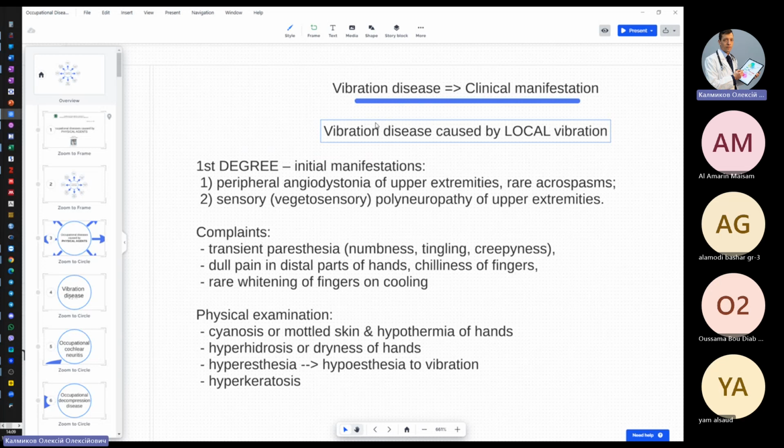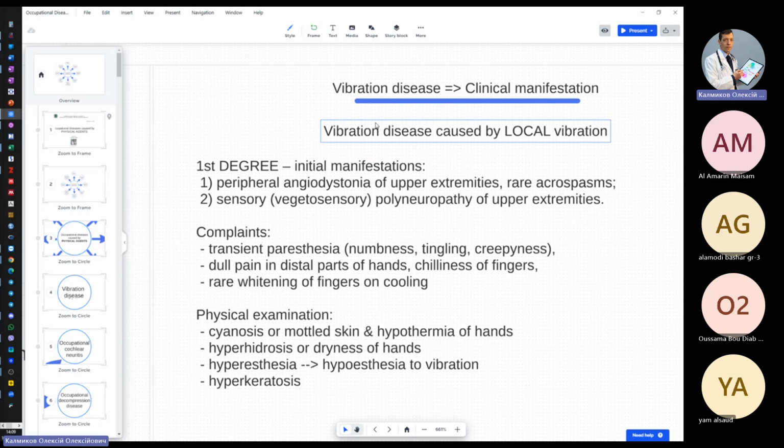If one time per week, it depends on their duration, whether each week or not; it's a marginal condition. And rare is if not every week, not even every month, there is an attack of acroangiospasm. This is the first degree.